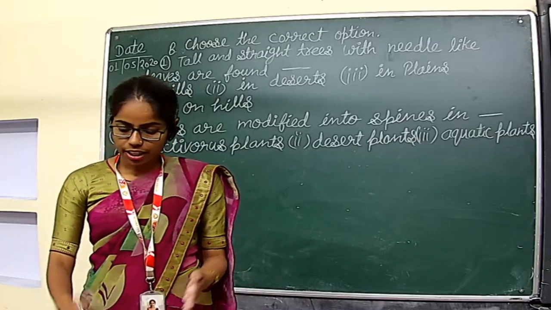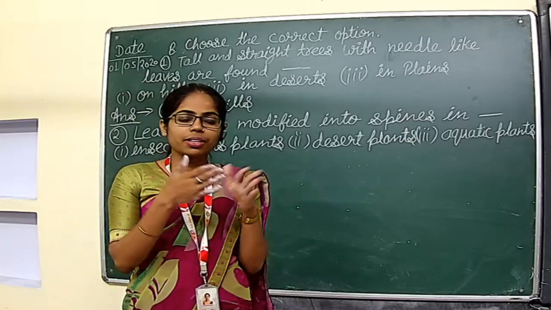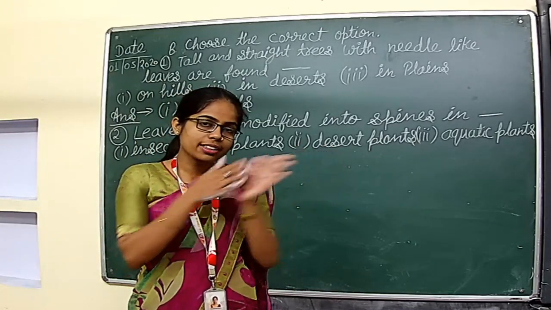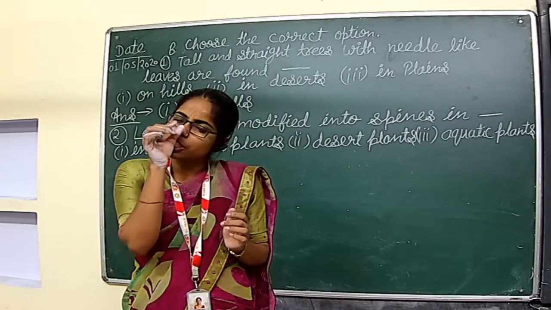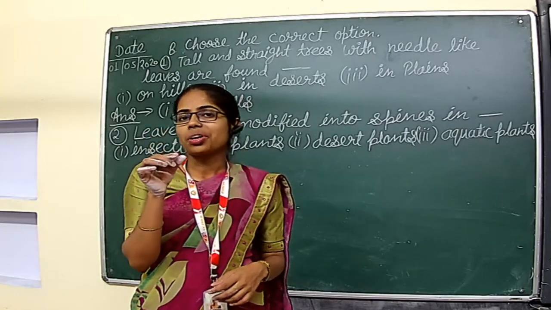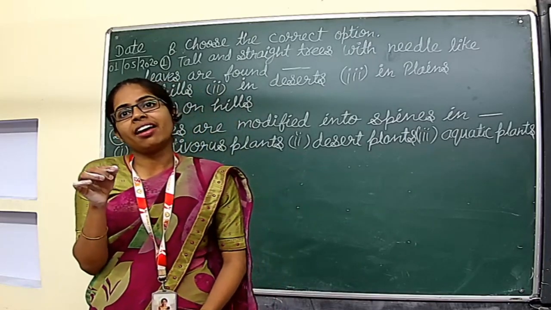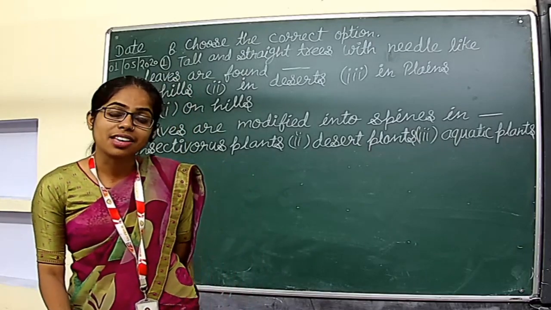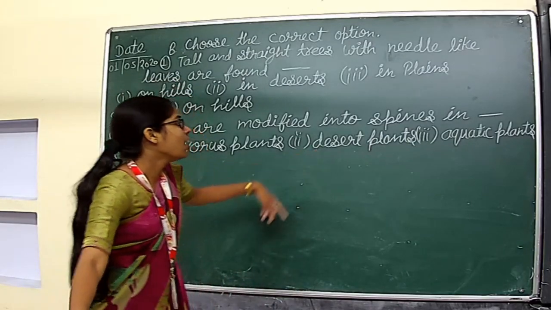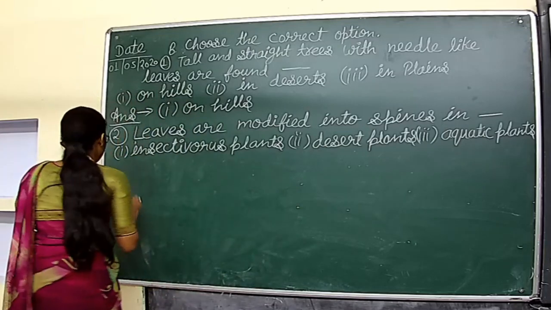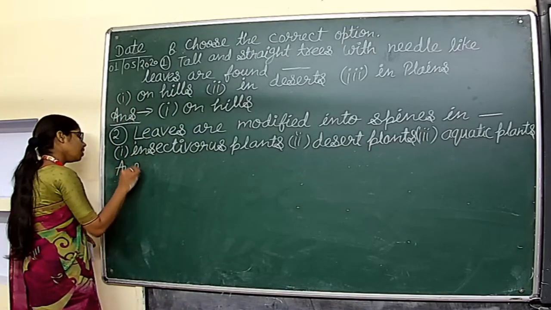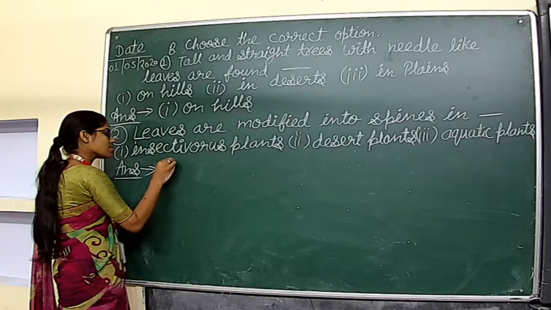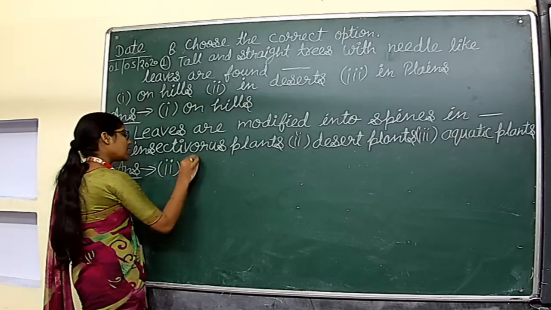If the leaf is opened, then it can be rolled like this, and it becomes very thin and narrow. During the daytime, mostly it happens, and this happens with the desert plants. So what is the correct answer for this? Desert plants.